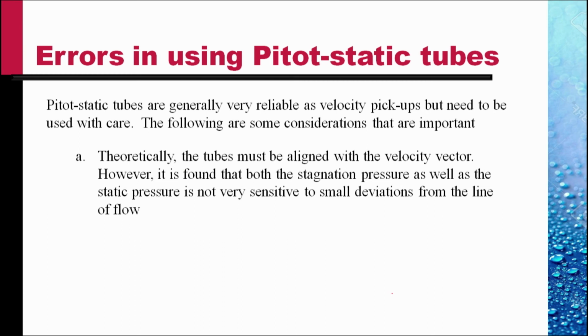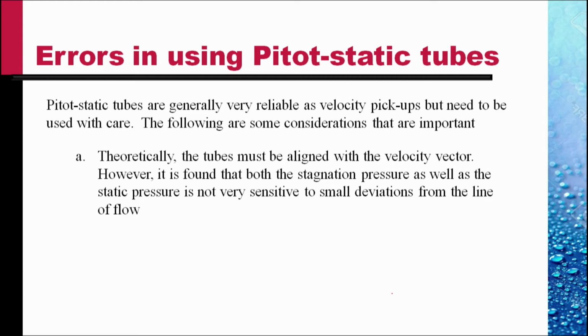Pitot-static tubes are generally very reliable as velocity pickups, but need to be used with care. The following are some considerations that are important. Theoretically, the pitot tubes must be aligned with the velocity vector. They should be pointing straight into the oncoming velocity.